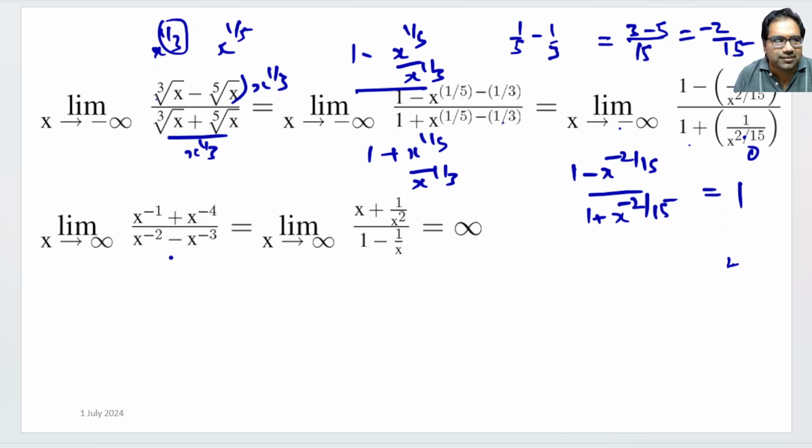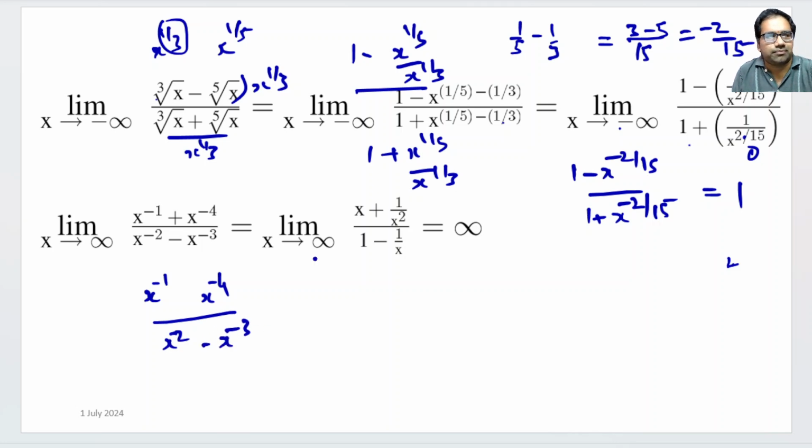In this case, here we have x power minus 1, x power minus 4, x power minus 2 and x power minus 3. Here also we will divide everything by x power minus 2.